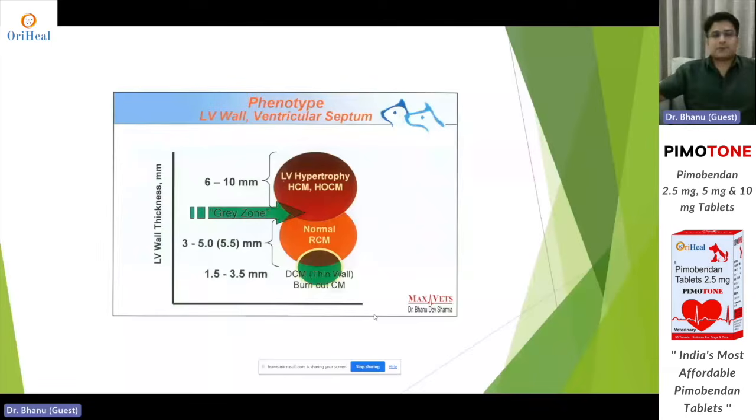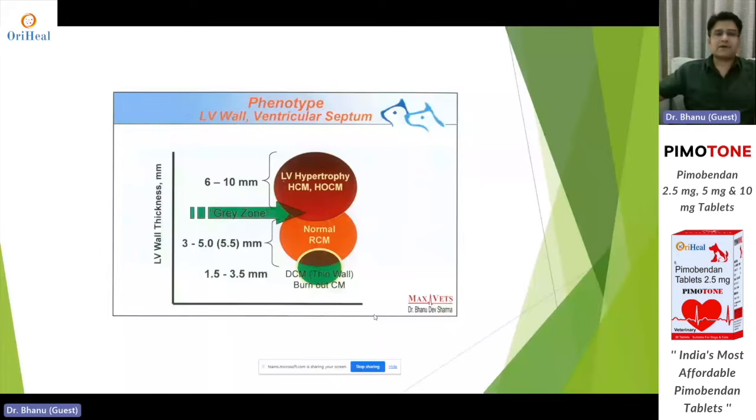It is named so because when SAM develops, left ventricular outflow tract obstruction develops, and that we call HOCM. 3 to 5 or 5.5 mm is normal. It happens in normal cases.